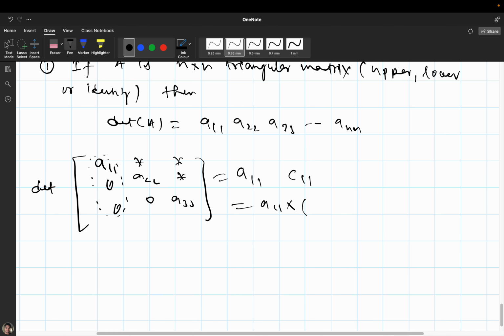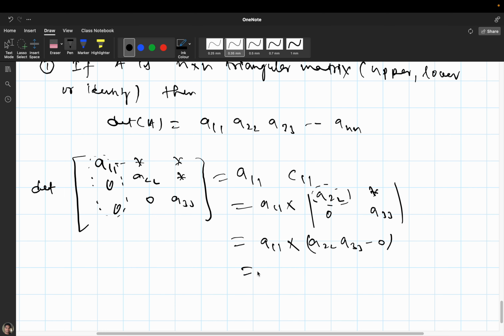Just remove this row and this column, and that will be nothing but A22 times A33, with the non-zero term multiplied by 0 in the other terms.